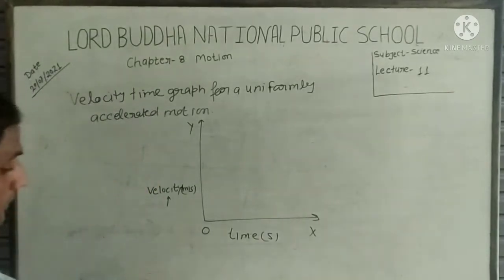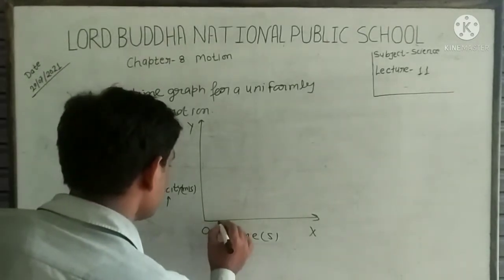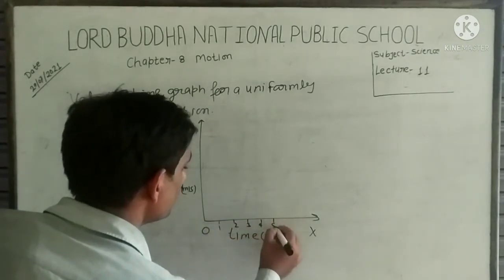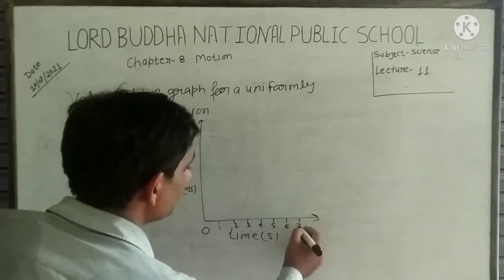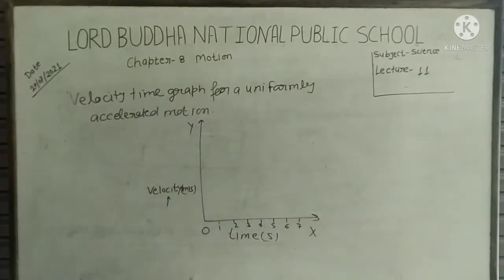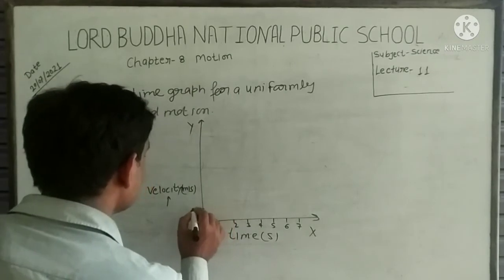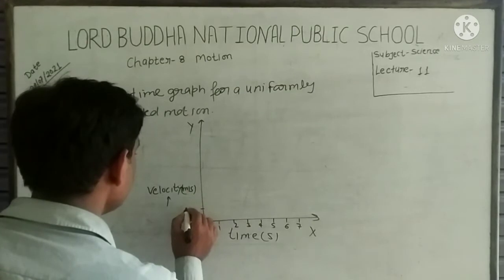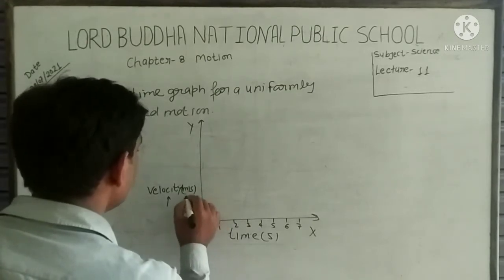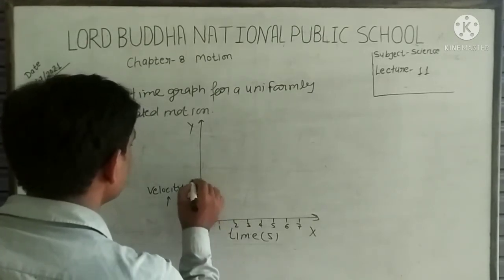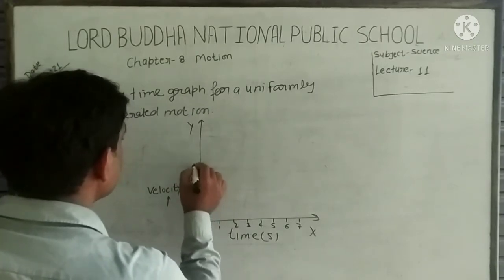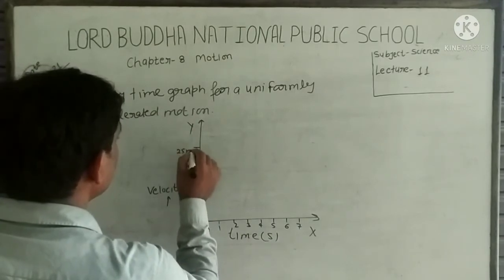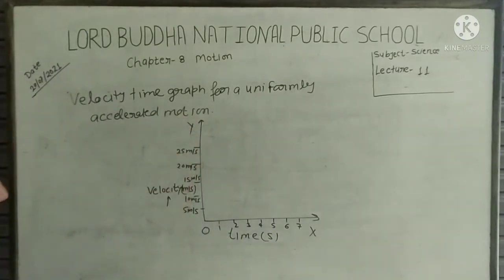Okay? We see that here 1, 2, 3, 4, 5, 6, 7. These are seconds. Time is seconds. And here the velocity 5 meters per second, 10 meters per second, 15 meters per second, 20 meters per second, 25 meters per second, and so on.